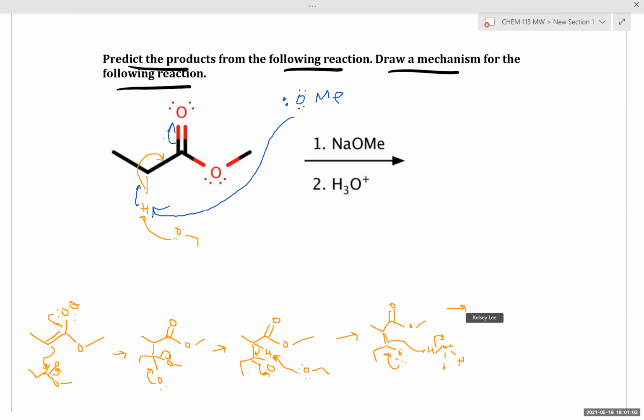So from here, we can quench out our enolate with acid to give our desired beta ketoester.